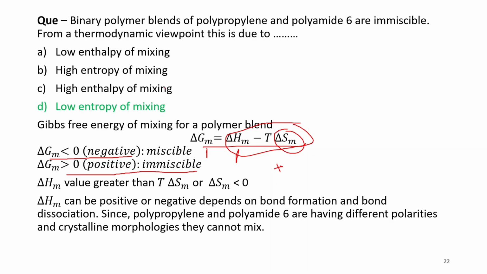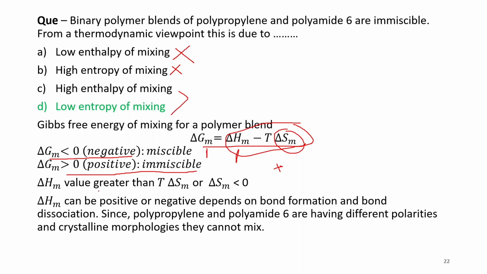But what is happening, we can see that low enthalpy of mixing cannot be correct, because it should have a high enthalpy, at least greater than T into delta Sm. And high entropy of mixing is incorrect, because it should be less than 0, so that the overall term can become positive. Now we have options C and D, right?